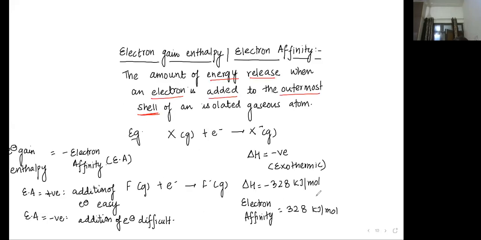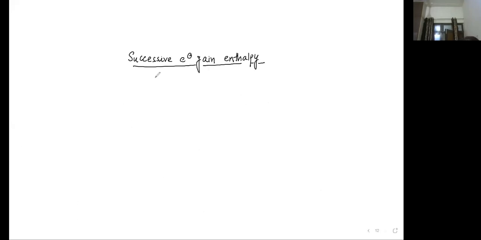So in element X, when you add the electron in gaseous state, you will get X minus, and electron gain enthalpy is negative. This is known as first electron gain enthalpy. And the sign to represent is delta H Eg1, that is negative.